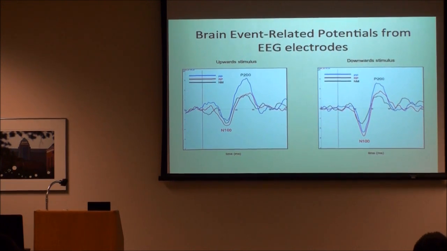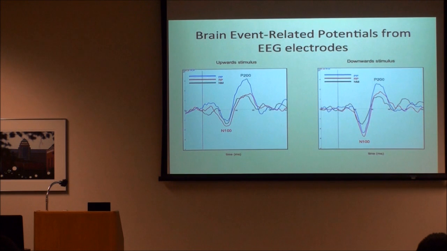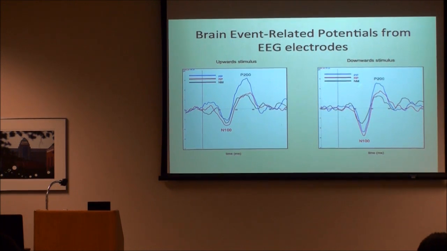And the thing that really grabs you is this really large P200 response for the musicians with perfect pitch compared to the others. Over here with the downward stimuli for the N100, both the relative pitch and the perfect pitch musicians had a larger potential than the non-musicians.